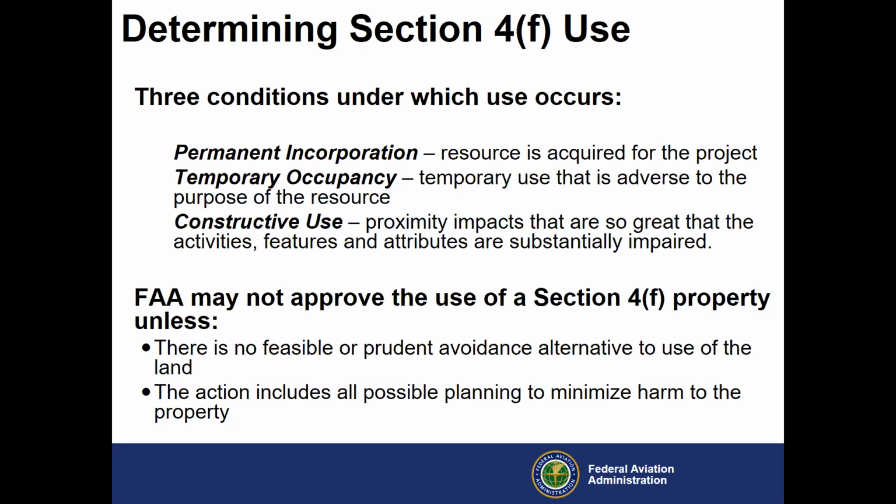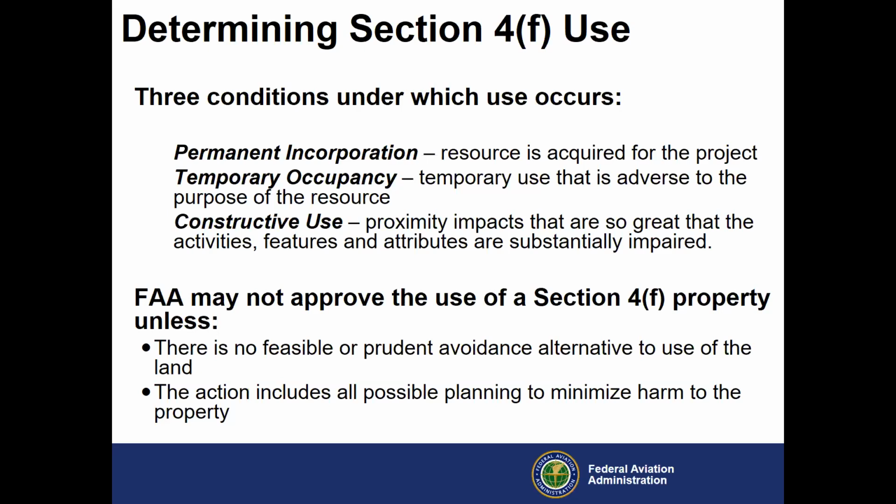The third one is constructive use, and that's a high bar. Proximity impacts that are so great that activities, features, and attributes are substantially impaired. I am not familiar with one at an airport. I've dealt with one on a highway. There was a lot of effort put into that. It was never proven that the proximity impacts would substantially impair the resource.